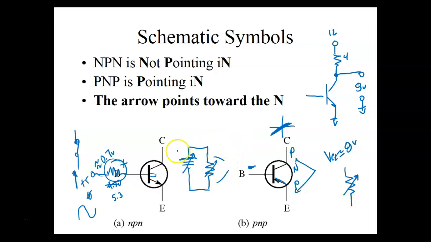If this was 12 volts, how much would that resistor right there drop? How much would this voltage drop? How much would the rheostat drop? It'll always drop 12 until we exceeded our power supply, right?